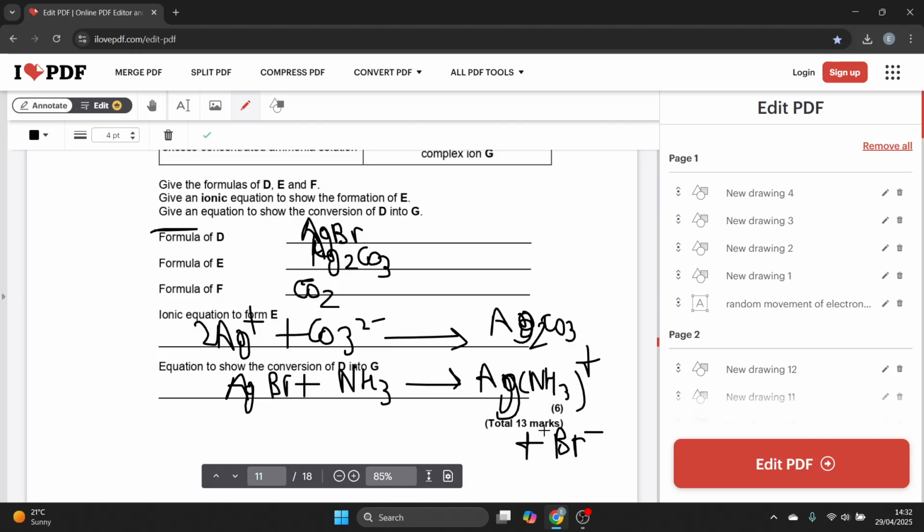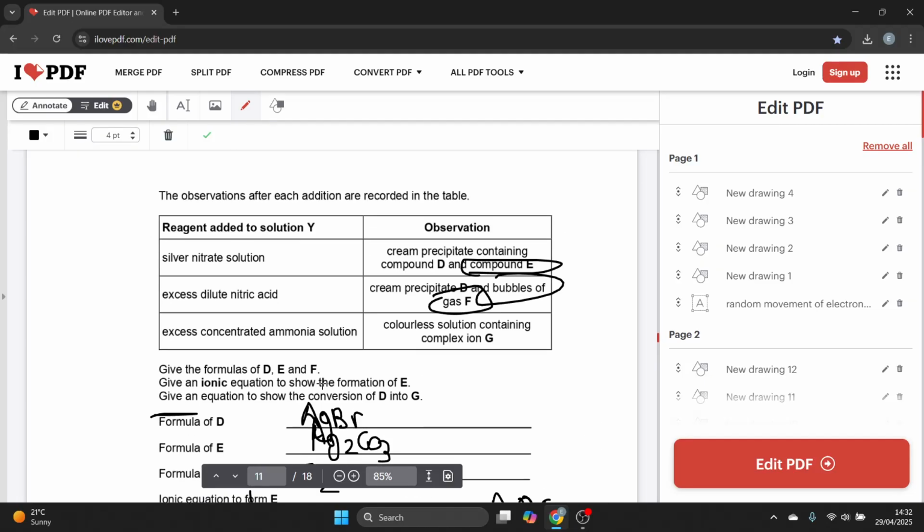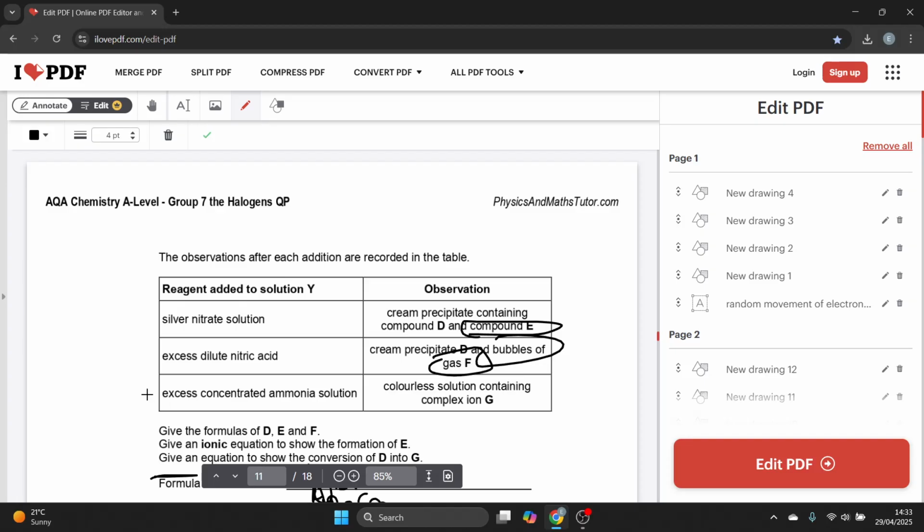Anything else missing? Obviously I need a 2 here and 2 here. Just say excess concentrated in the solution.